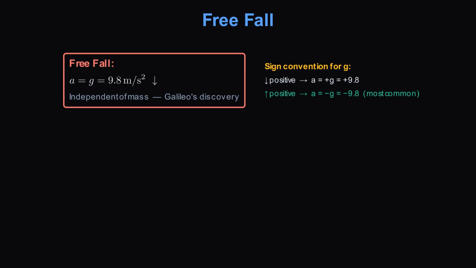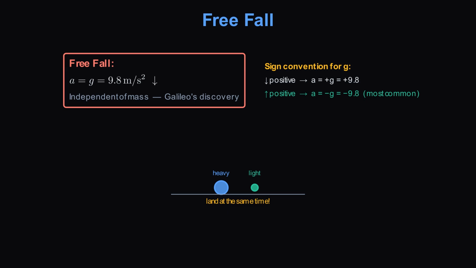Here is the result that surprised Aristotle, surprised medieval scholars, and still surprises students today. The value of g does not depend on the mass of the object. A heavy ball and a light ball released simultaneously from the same height land at the same time. In a vacuum, with no air resistance, this is exact.